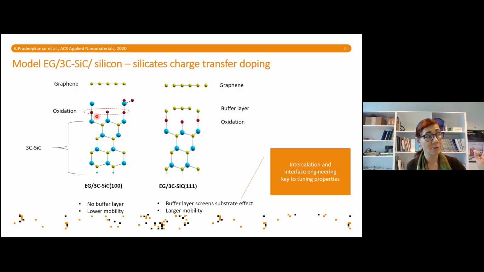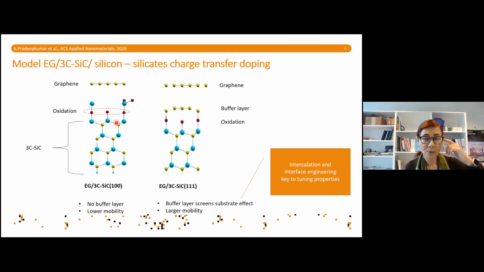So what happens is that we have a very, very thin layer of oxidized silicon carbide at the top of the substrate. And because this is basically exposed directly to the graphene and clearly they are in close proximity, we have charge transfer of the graphene with this oxidized system.